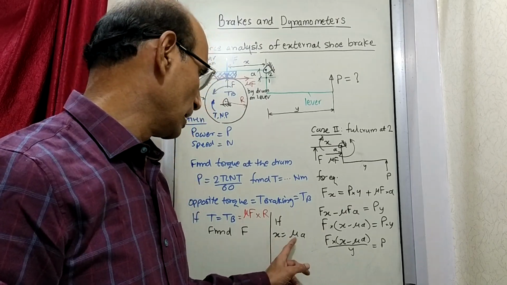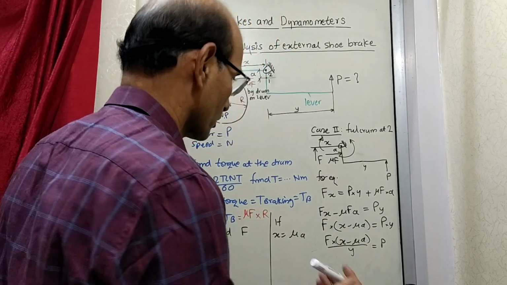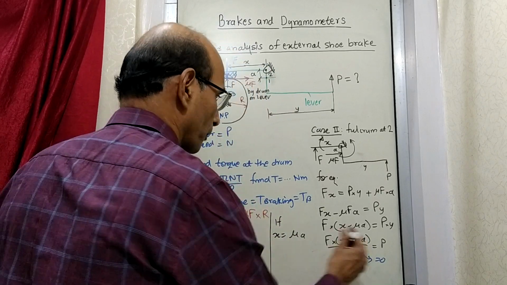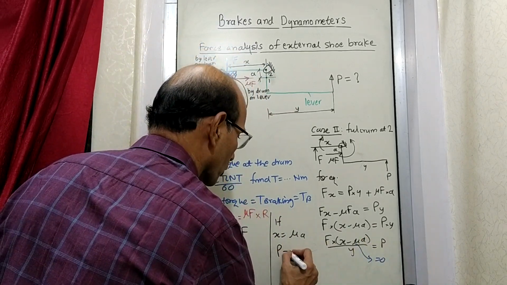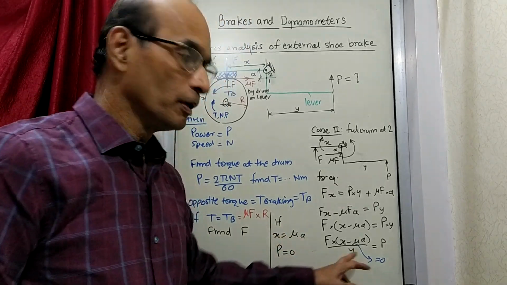Then when X is equal to mu A, this term will become 0, and then P itself will be 0. So the moment X is equal to mu A, P is equal to 0.